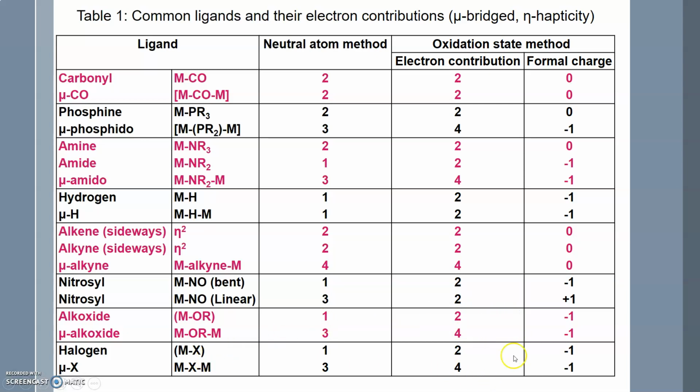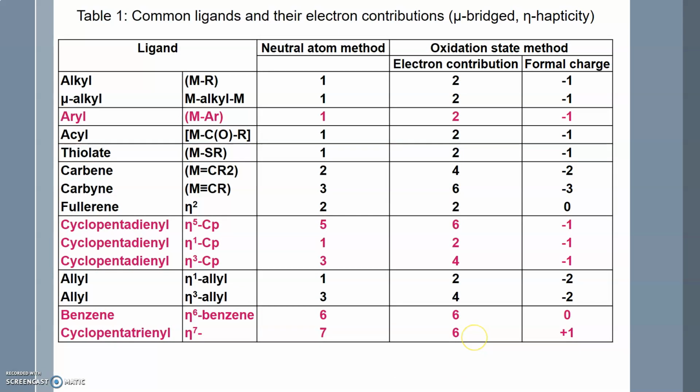The halogens, which are all negatively charged ligands, contribute 1 towards neutral atom method, right, when acting as the terminal ligand. And when acting as the bridged ligand, the contribution is 3 in the neutral atom method. In the oxidation state method, the contribution is 2 when it is a terminal ligand, and 4 when it is acting as a bridged ligand.